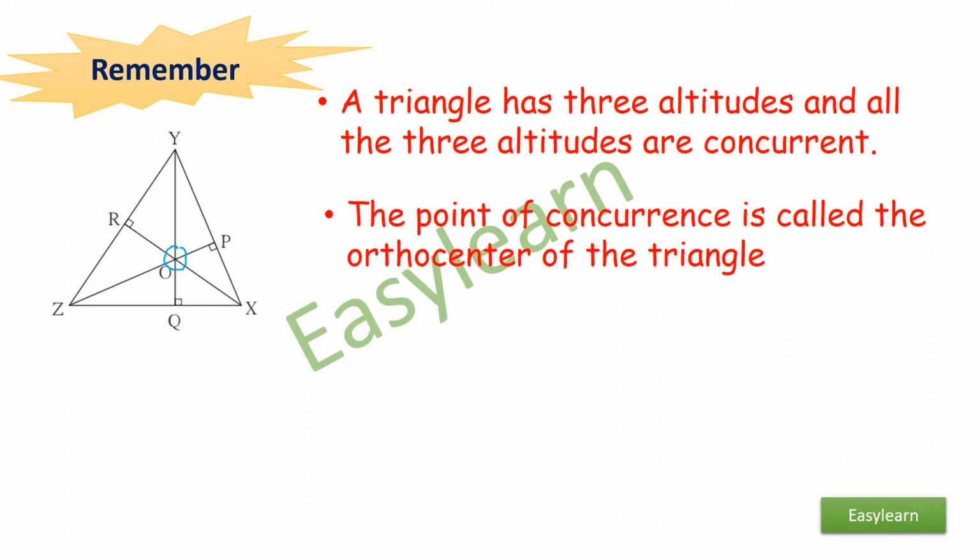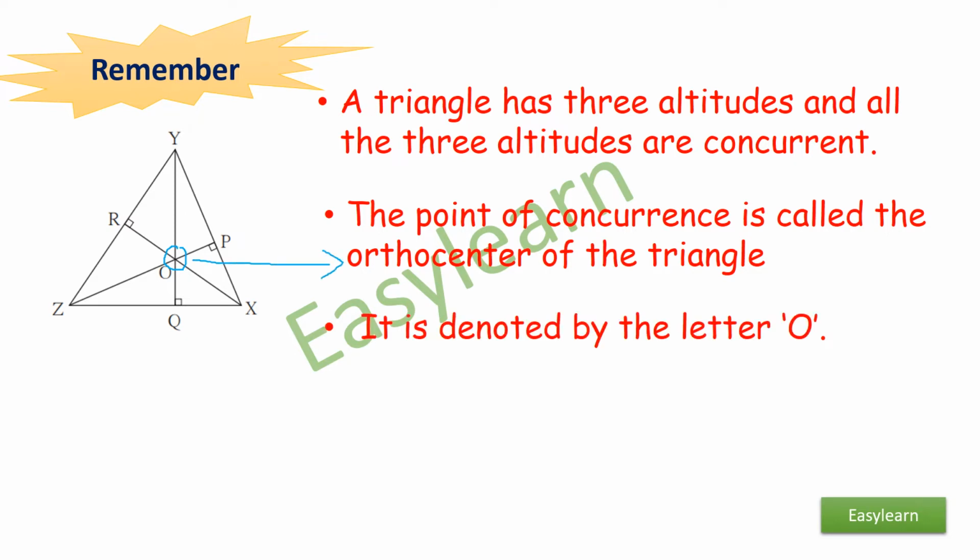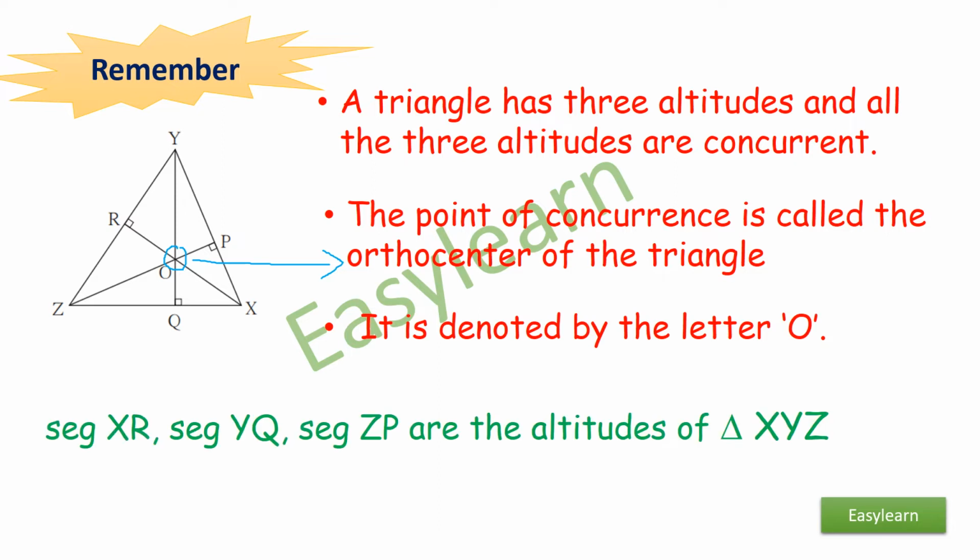The point of concurrence is called the orthocenter. So, this point here, O, is called your orthocenter, and it is denoted by the letter O. So when the altitudes meet, the point is called the orthocenter. So in this case, segment XR, segment YQ, and segment ZP are the three altitudes of the triangle XYZ.